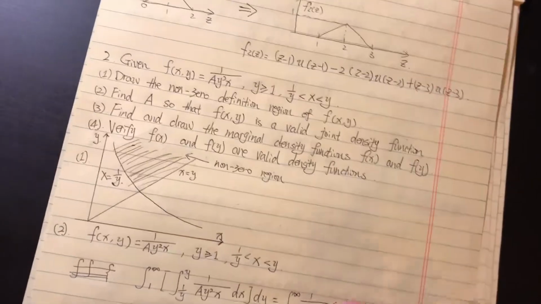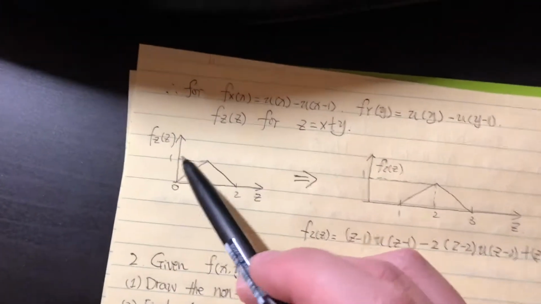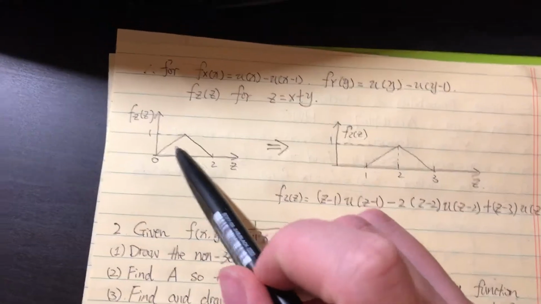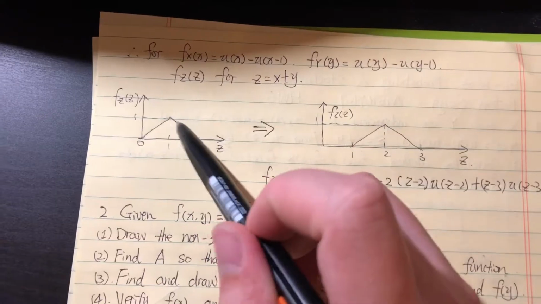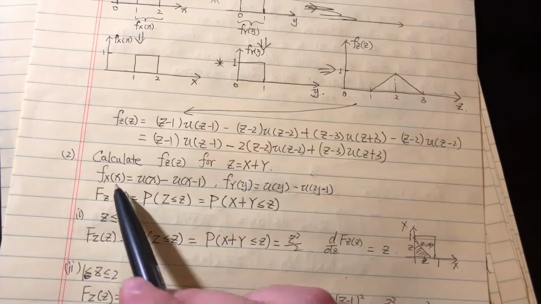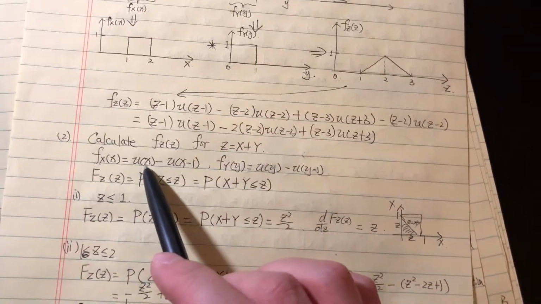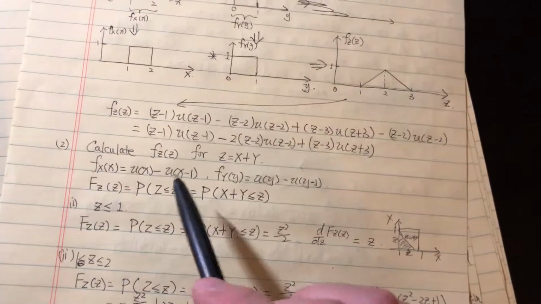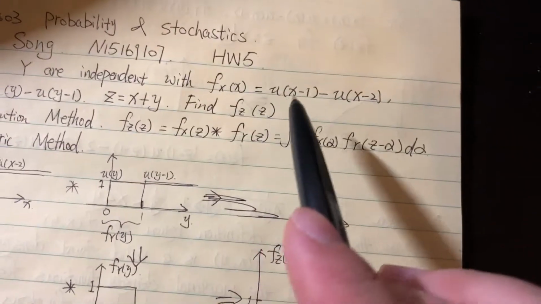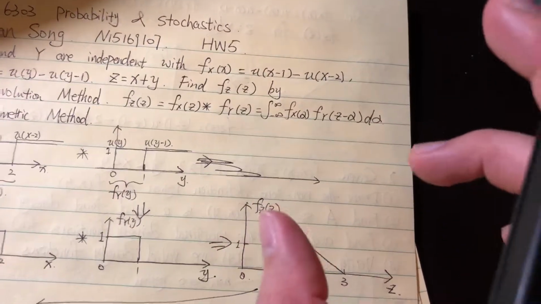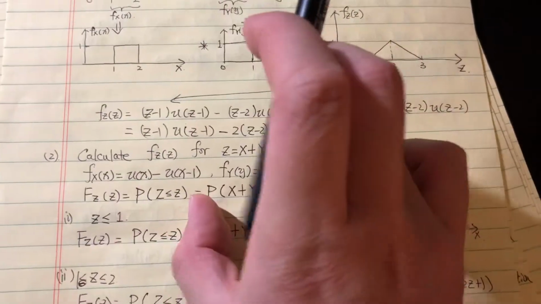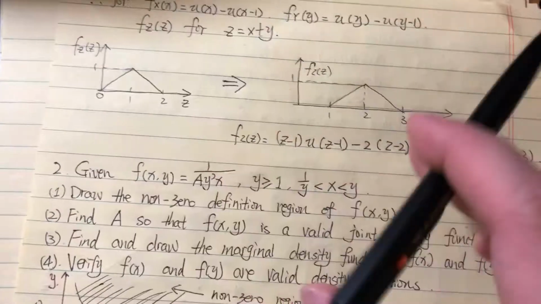So we can draw the diagram of the small PDF of z. It is the same as this, and because we set fX(x) equal to u(x) minus u(x-1), while the original one is u(x-1) minus u(x-2), we shift this one to the right 1 step, so the convolution is also shifted to the right 1 step.